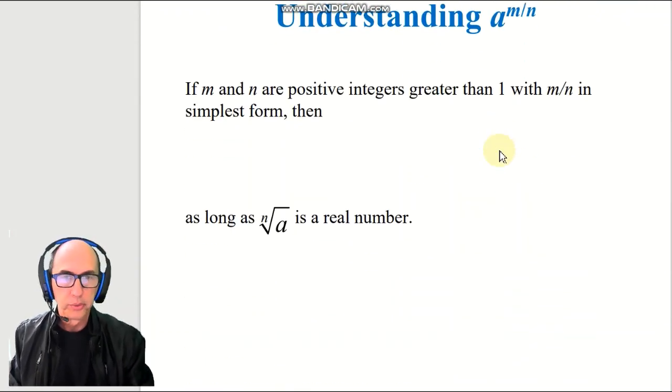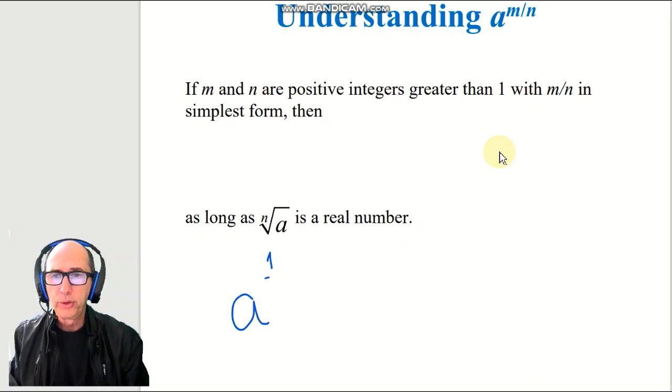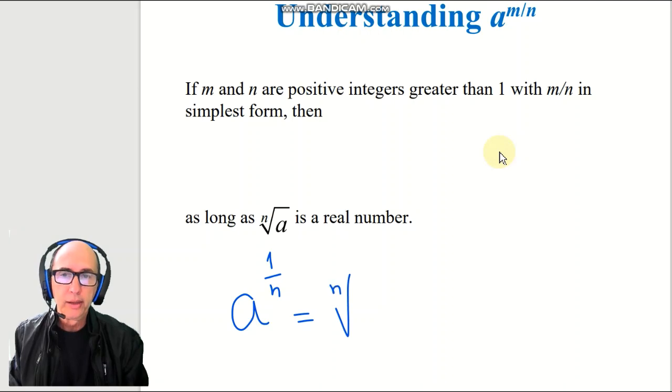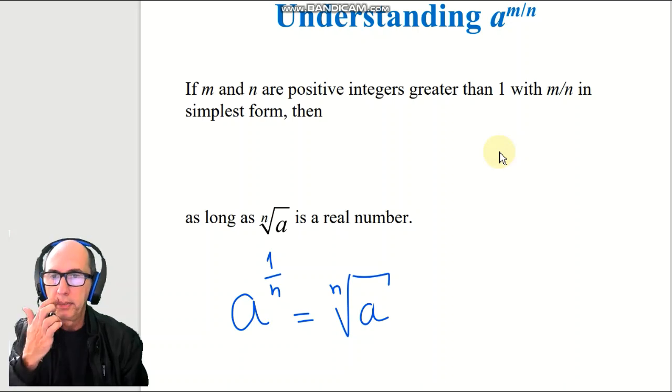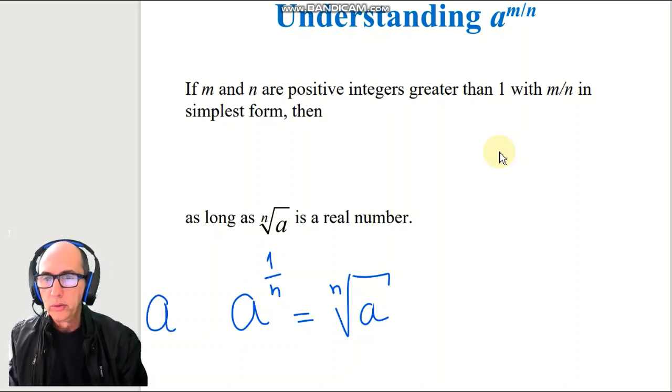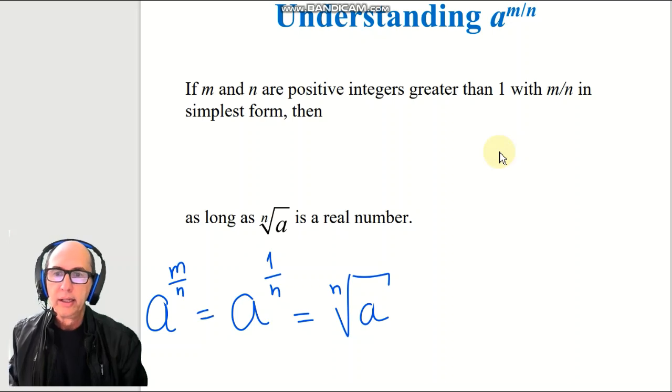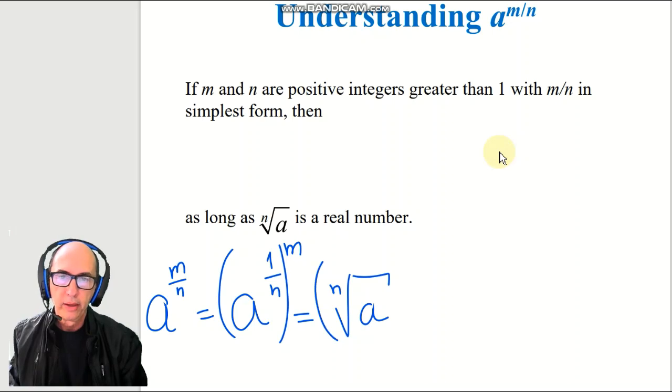Well, what we will see is, since a to the power of 1 over n is equal to nth root of a, that is a to the power of m over n is the same thing as this whole thing to the power of m. And we can write it as a radical and a power. Another way is moving this power inside, a^m.